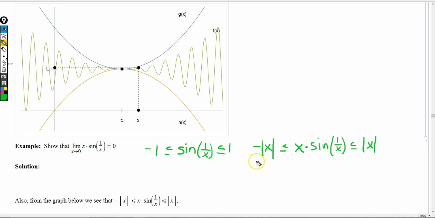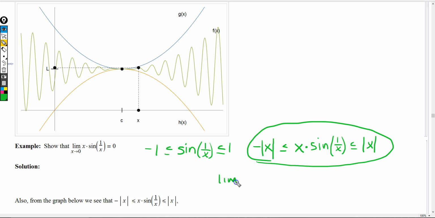Now from this inequality here, let's note that the limit as x approaches 0 of negative absolute value x equals 0, of course, and the limit as x approaches 0 of the absolute value x is 0.